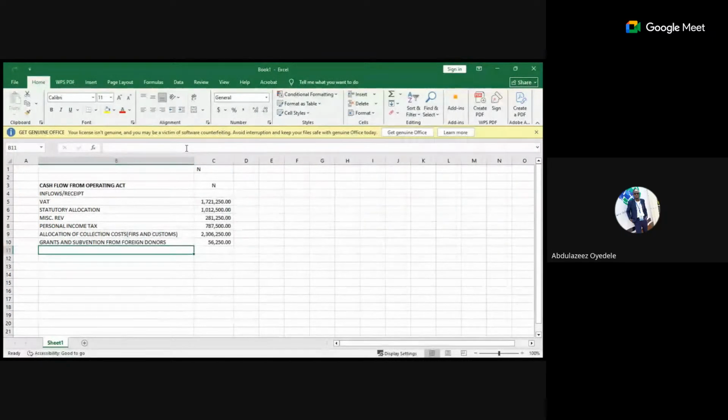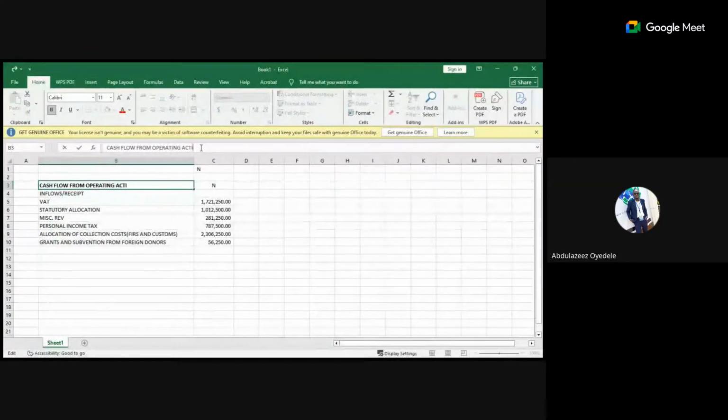So which means obviously we have exhausted all the inflows from operating activities. So we can have a total there. Have the next row there be total inflow.